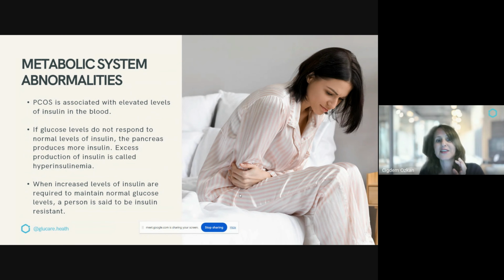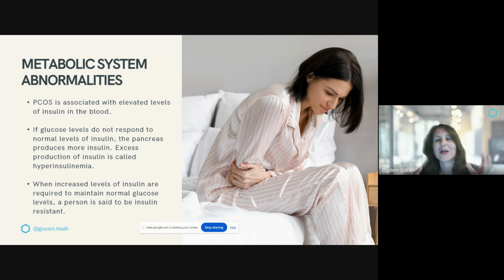PCOS is associated with hyperinsulinemia: glucose levels do not respond to normal levels of insulin, and the pancreas starts to secrete more insulin. But unfortunately, due to insulin resistance, the muscles, the liver, and the adipose tissue don't respond well to insulin, and insulin increases.